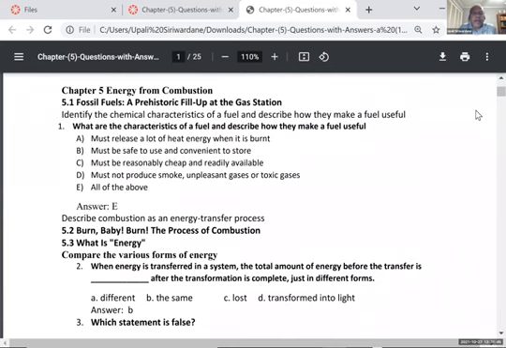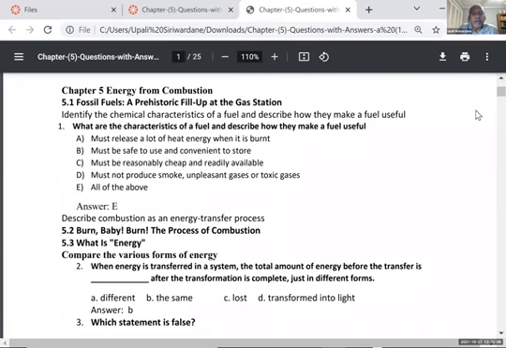You read the question: what are the characteristics of fuel, and describe how they make fuel useful. They must release a lot of heat energy when it's burned. That's true. Must be easy to use and convenient to store. That's true also.